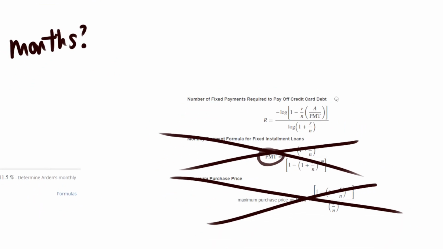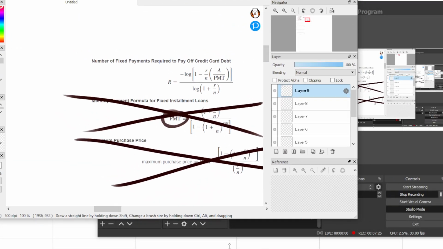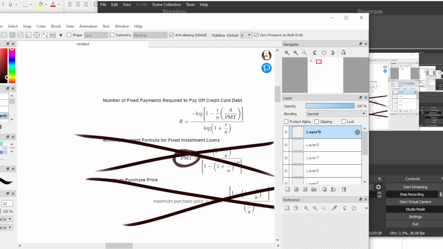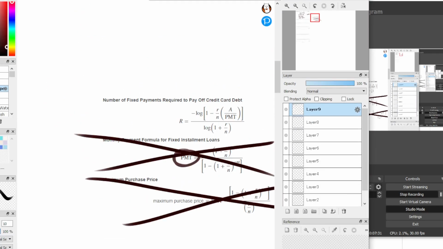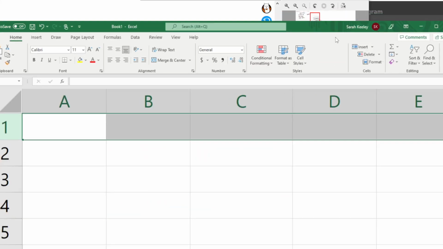Now, this part gets kind of annoying and tricky. So let me set up Excel and this so I can have them side to side, so I can show you as well as keep an eye on the equations.